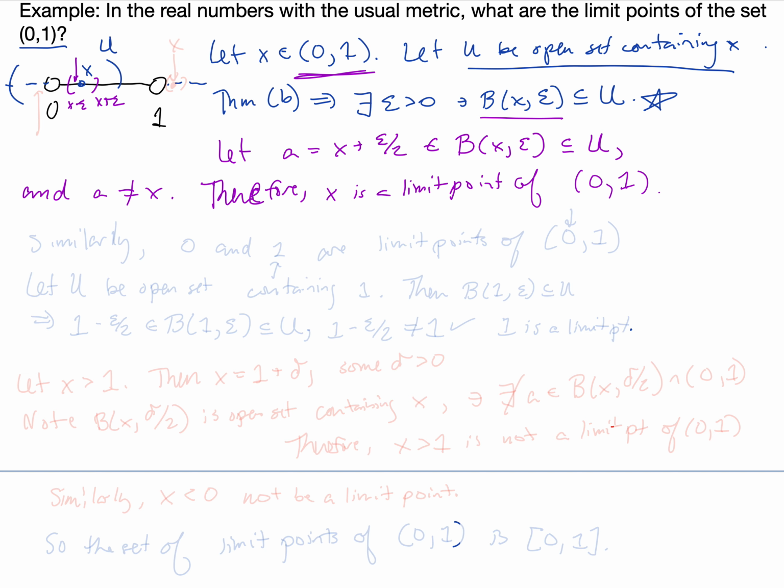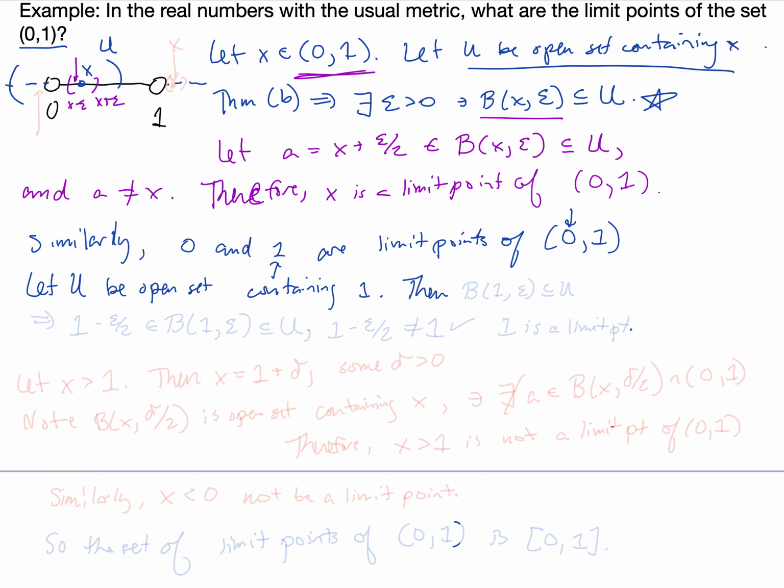Similarly, we can also show that 0 and 1 are limit points of the set (0, 1). If we were thinking about 0, then the exact same proof would also work. If we wanted to show that 1 was a limit point, we just need to look at x minus epsilon over 2. So let U be an open set containing the point 1.